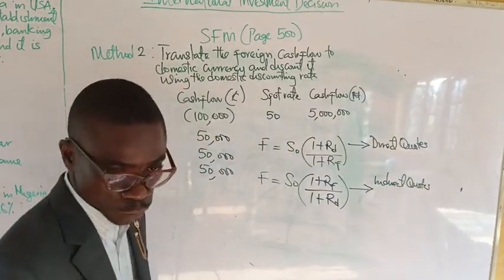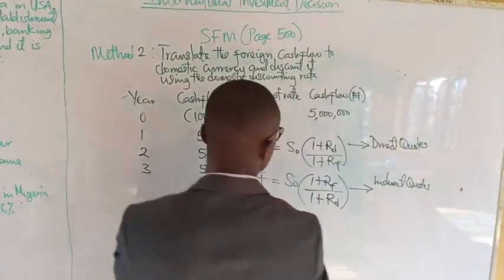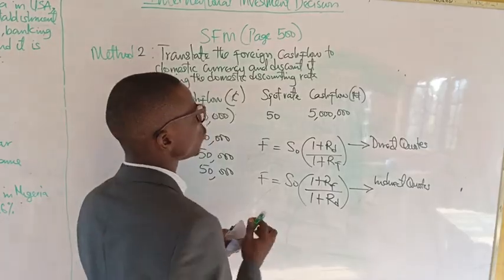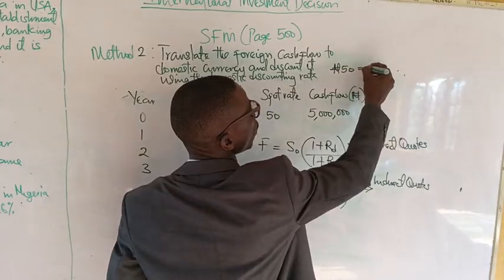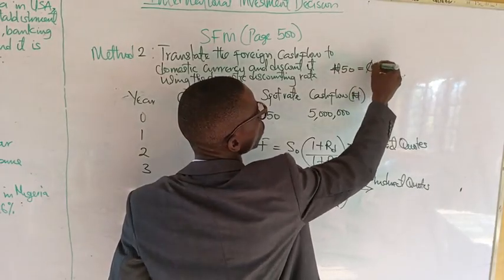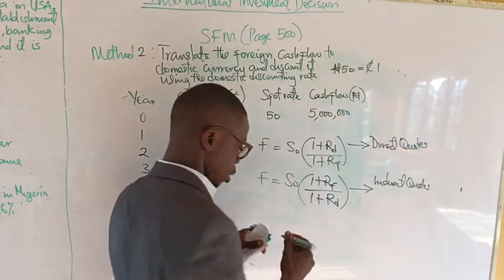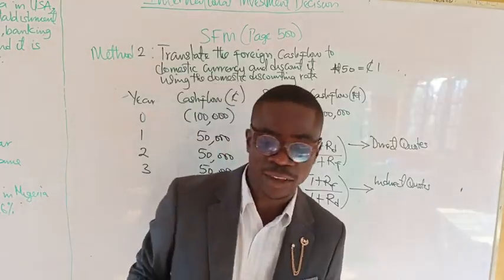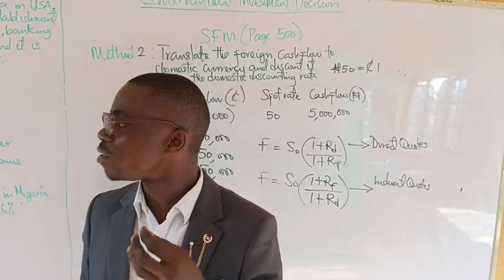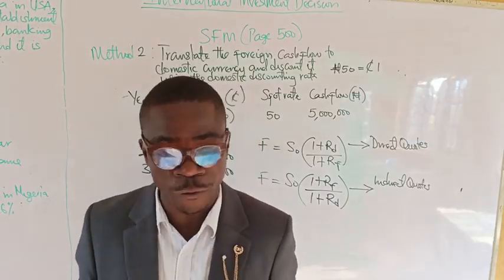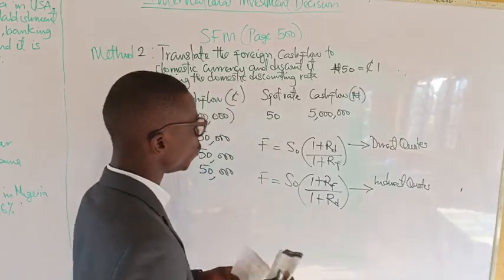You already know this. Am I communicating now? So let's predict what the spot rate will be. Since we say it's direct, because they said 50 naira is equivalent to 1 cedis. That's direct. And what is direct saying? Direct is the number of units of domestic currency that is needed for 1 unit of foreign currency. Am I right? By now we should know it too.